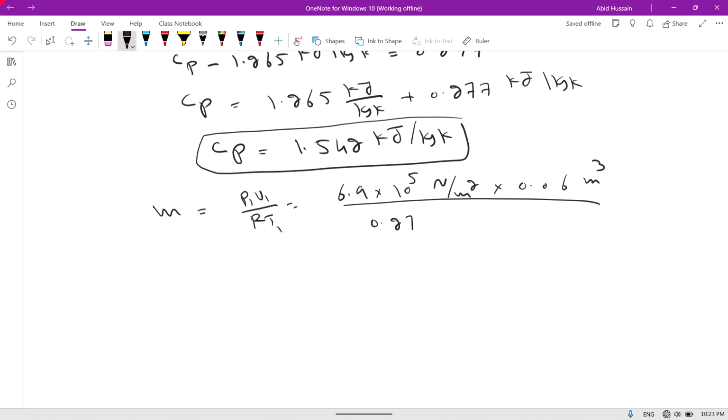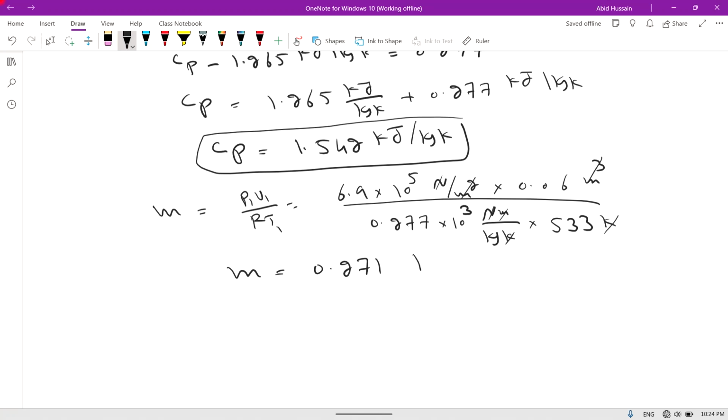R is 0.277 kilojoule per kilogram per Kelvin, where kilo is 10 power 3 and joule is Newton meter, multiplied by T1, which is 533 Kelvin. Newton will be cancelled with Newton, meter cube with meter cube, and Kelvin with Kelvin. Simplify this. This is a simple calculation.